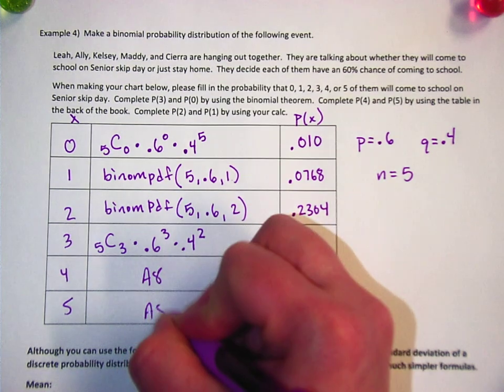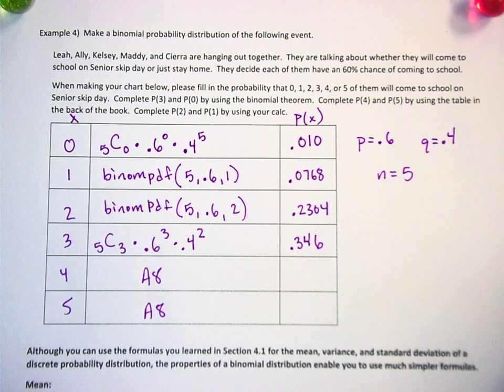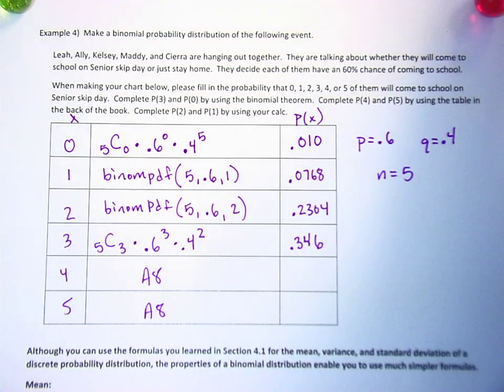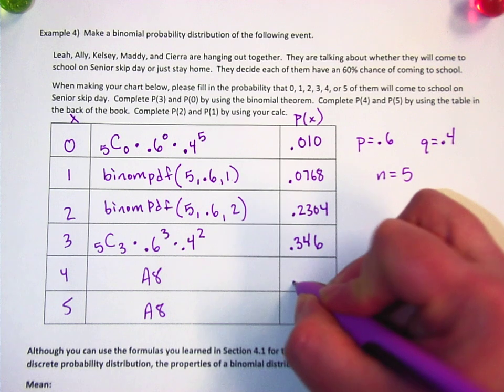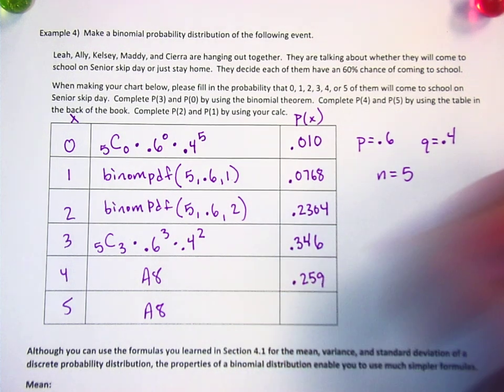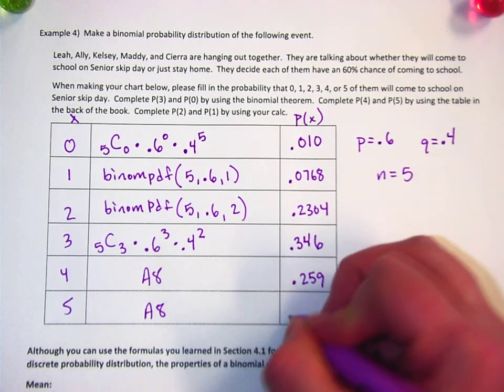It's also a nice chance to see how I'm doing. 0.6 should have been 0.01, 0.077, yep. 2, 3, yes. Okay, the last two are 0.259 and 0.078.